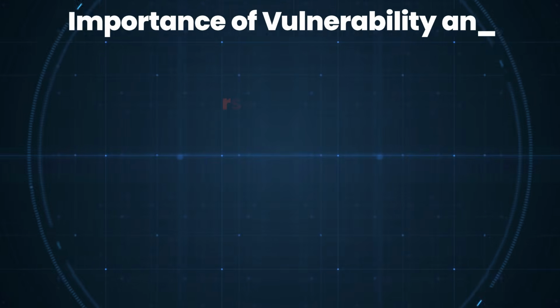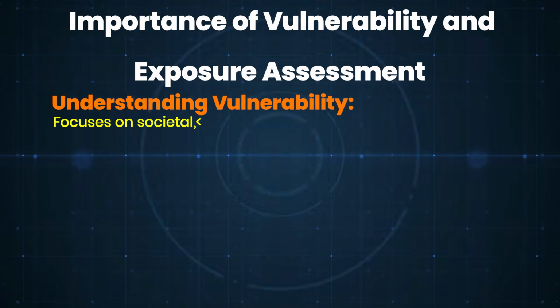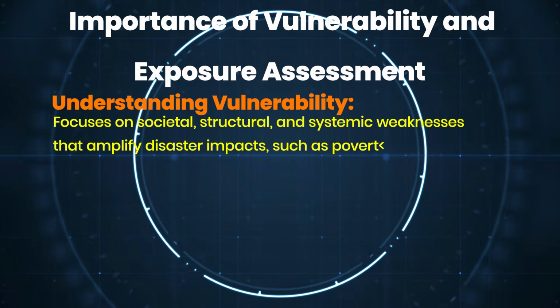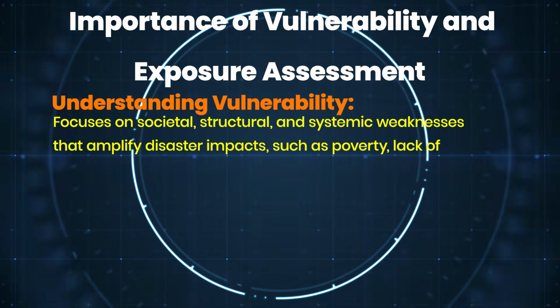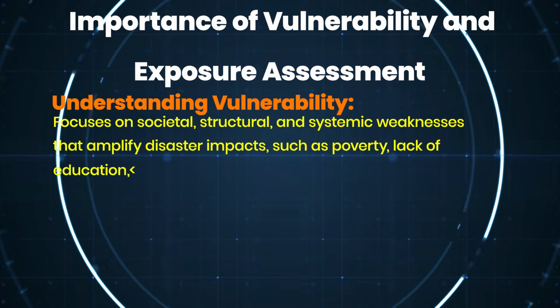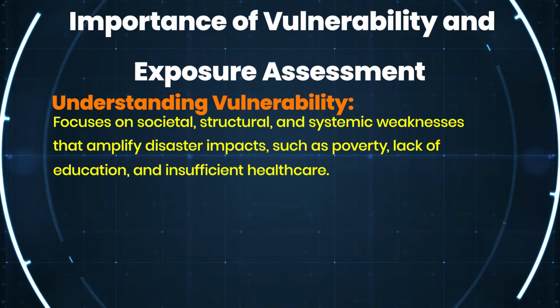Now, let us talk about the importance of vulnerability and exposure assessment. Vulnerability focuses on societal, structural and systemic weaknesses that amplify disaster impacts such as poverty, lack of education and insufficient healthcare.